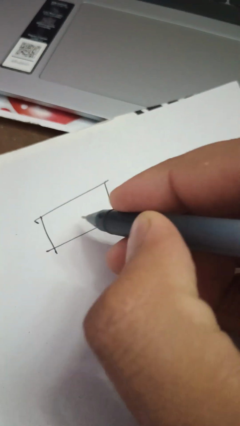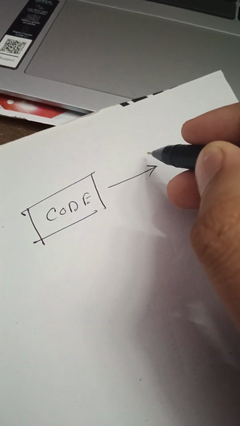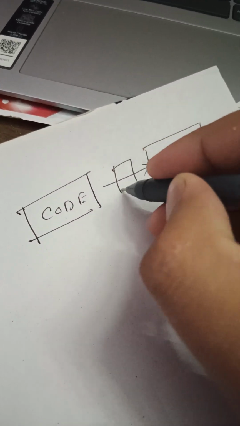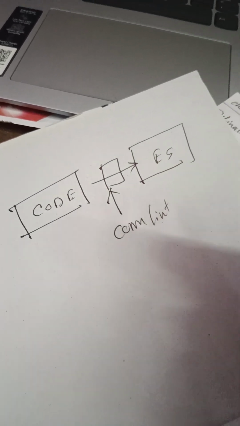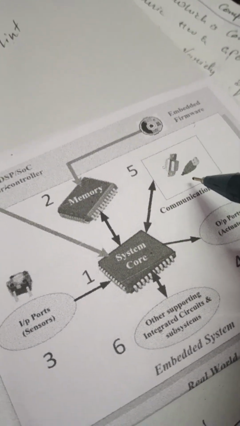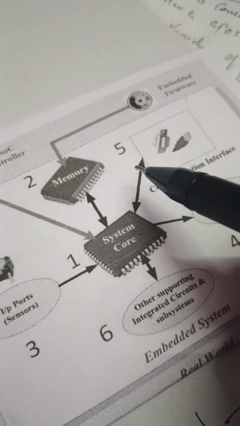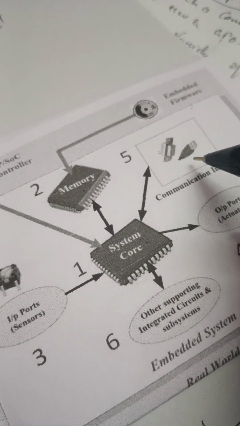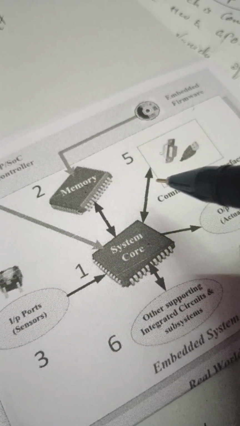If I simplify it, we have code here. To upload it into an embedded system, we need a communication interface. Okay, this is it, communication interface. The communication interface can be USB, UART, DB9, any communication interface. Basically, using this communication interface, we upload the software firmware into the memory.